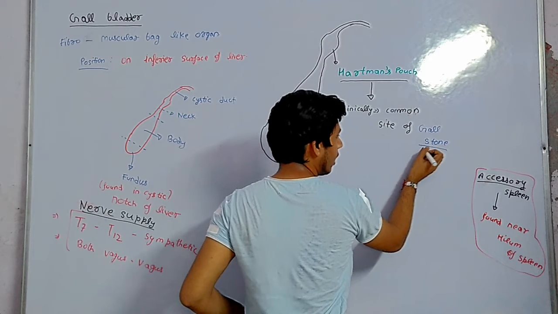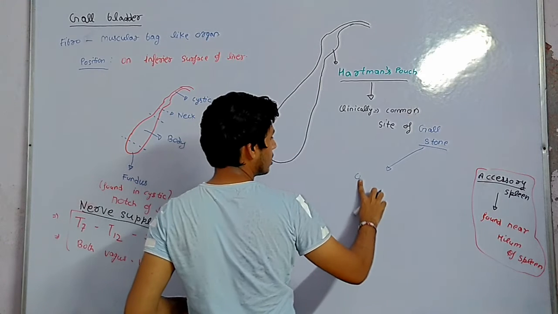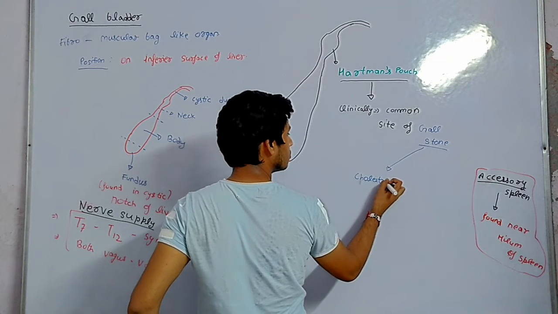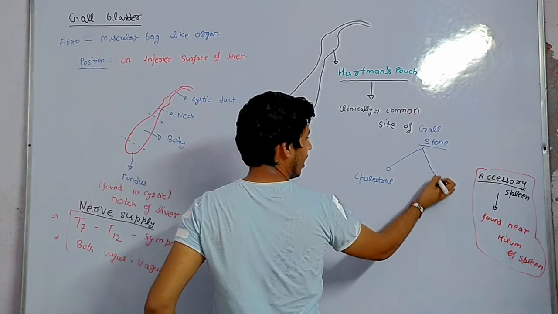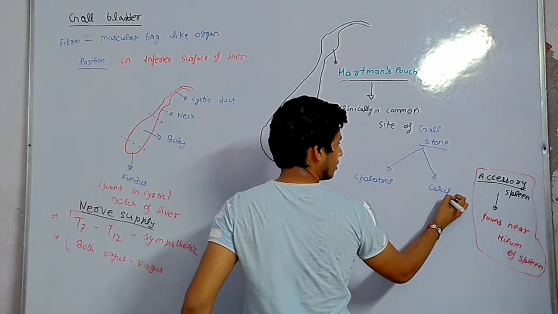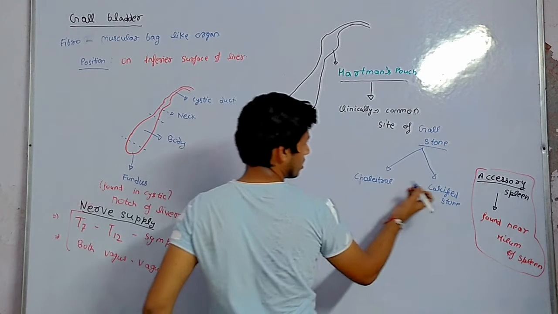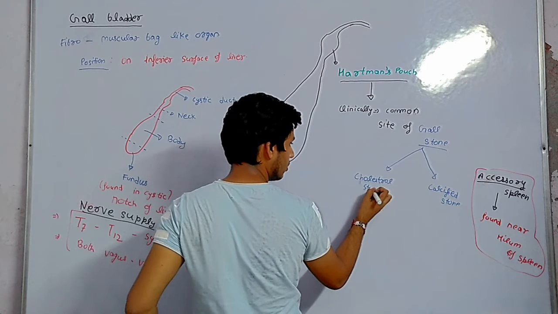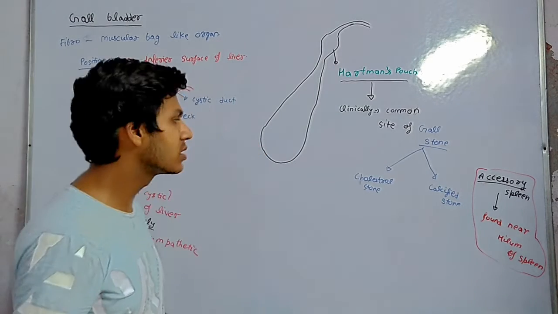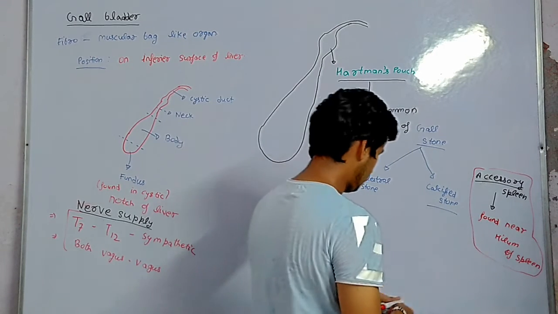Now, there are two types of gallstones: cholesterol stones and calcified stones. Cholesterol stones are made up of excess cholesterol. If they calcify, they are called calcified stones.